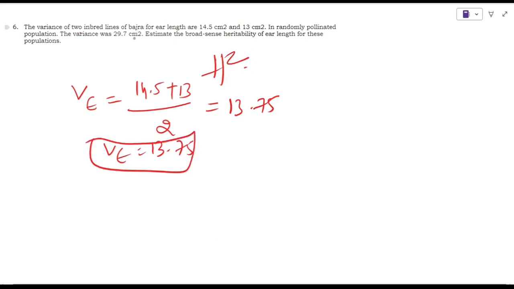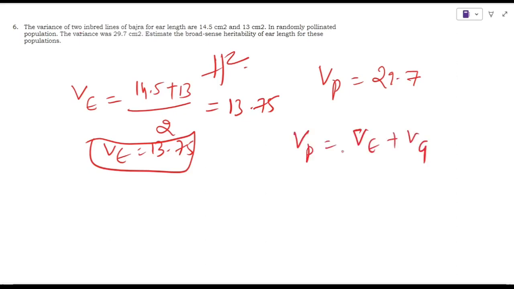Then one more variance is given. The variance of the random pollinated population means the phenotypic variance that is given. VP is equal to 29.7 centimeter square. Then you need to calculate broad sense heritability. Before going to that, we already know VP is equal to VE plus VG.